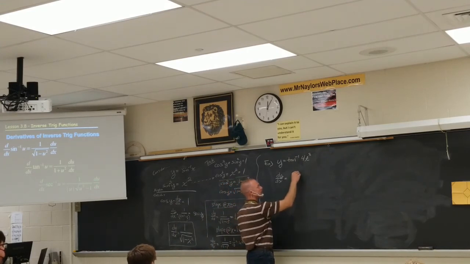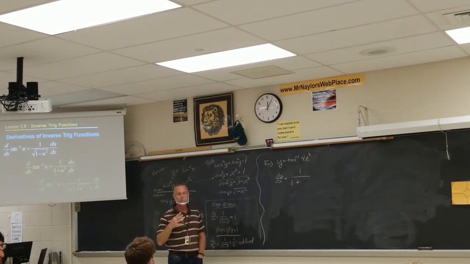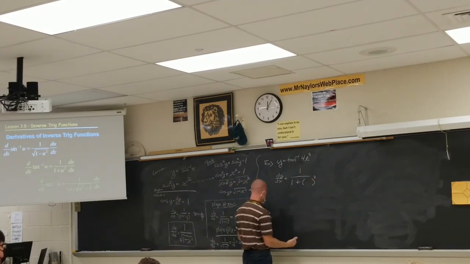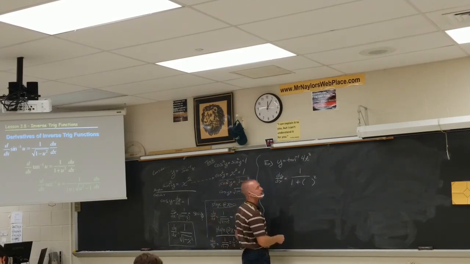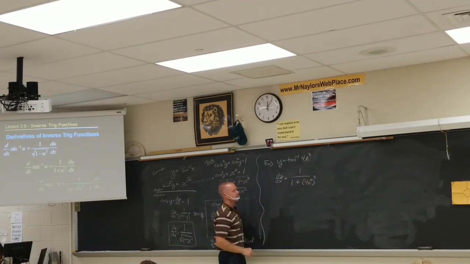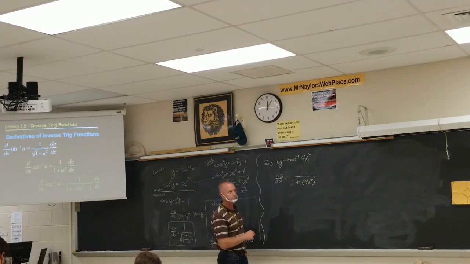The rule for inverse tangent is 1 over 1 plus, so it's literally going to always be 1 over 1 plus, and then this u squared. Now here's where we have to be aware that u squared is referring to the 4t cubed, which we will simplify. I just want to show you that I'm plugging into the rule.